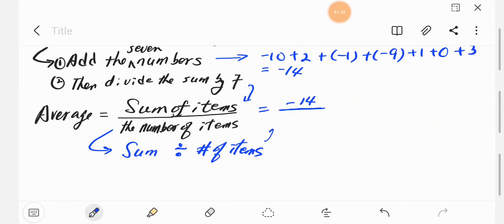So negative 14 divided by 7. This quotient has different signs, so the result is negative, and 14 divided by 7 is 2. So the result is negative 2 degrees, right? So the average temperature was negative 2 degrees.